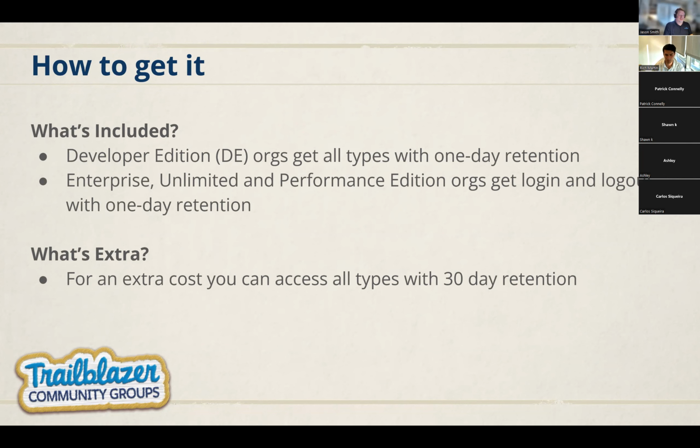This is included in what used to be called Shield, and I don't know what they've rebranded it to now, but it is part of the packaging for platform encryption and some of the other parts of the platform that have got some additional, nice kind of security things on them. So if this is something you're interested in, play around with it in Developer Edition to see what data you can get, and then reach out to whomever your sales contact is to get this added.